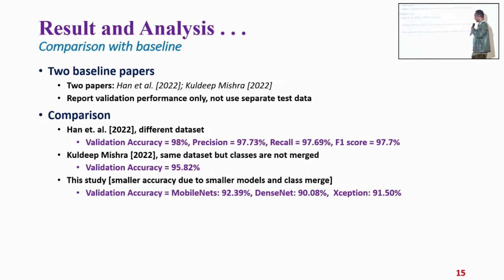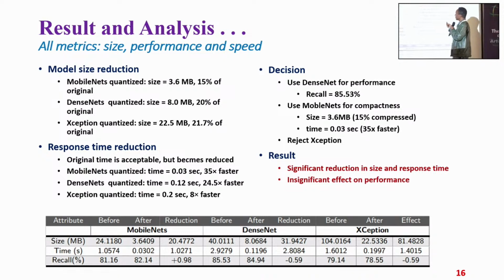It is competitive, but a lot remains to be done because it has smaller accuracy due to smaller models and class merge for generalizability. We have made class merge and we have used small models. So the other metrics are all displayed here regarding size, performance, and speed.